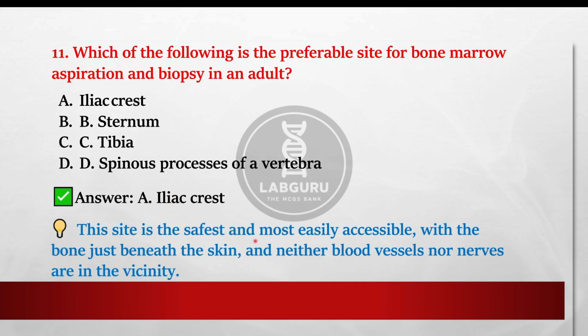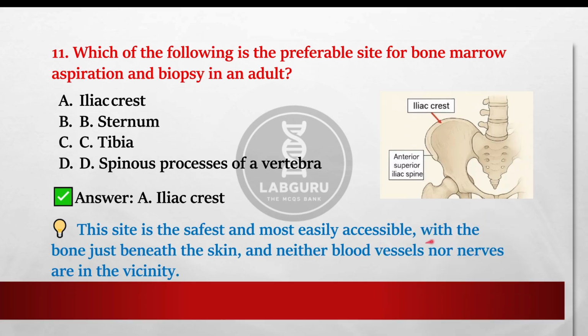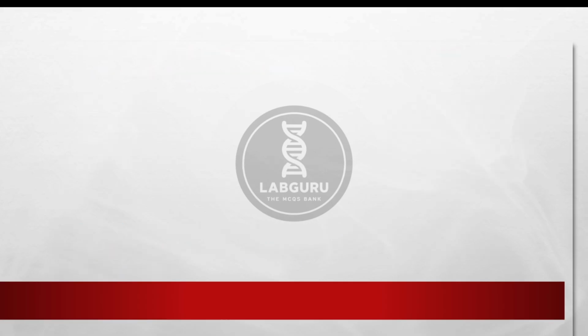This site is the safest and most easily accessible, with the bone just beneath the skin and neither blood vessels nor nerves. You can see in the picture there is no artery, no vein, no nerves, and it is very close to the skin. So it is more preferable.